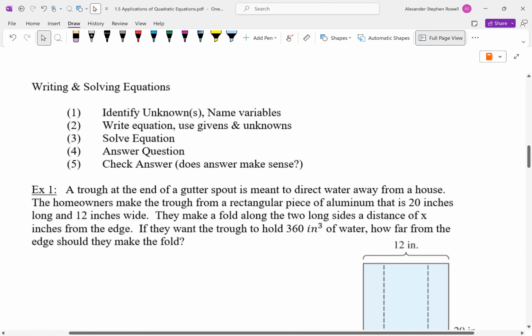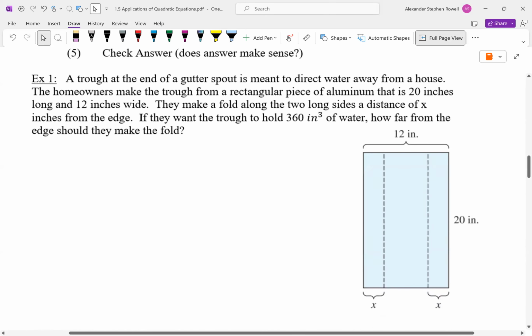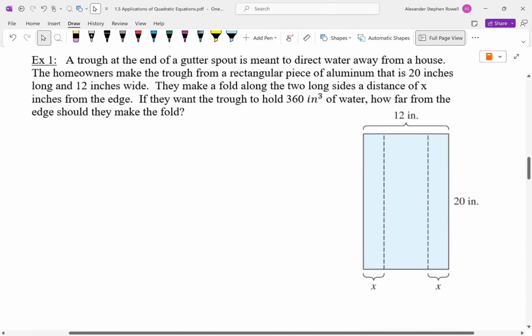All right, let's try the first example. A trough at the end of a gutter spout is meant to direct water away from a house. The homeowners make a trough from a rectangular piece of aluminum that is 20 inches long and 12 inches wide. This diagram shows one metal sheet, 12 inches wide, 20 inches long.